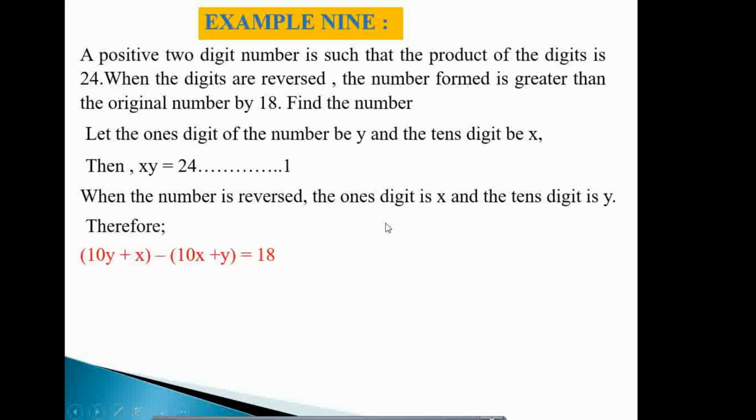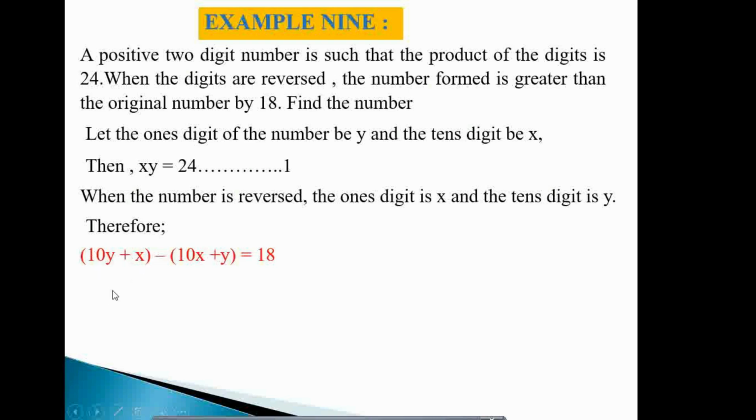So in terms of values, we know that the ones place has a value of 1 and the tens place has a value of 10. If you want to get the total value, you simply multiply by the number within the digit. So for example, yx has the value of 10y plus x.